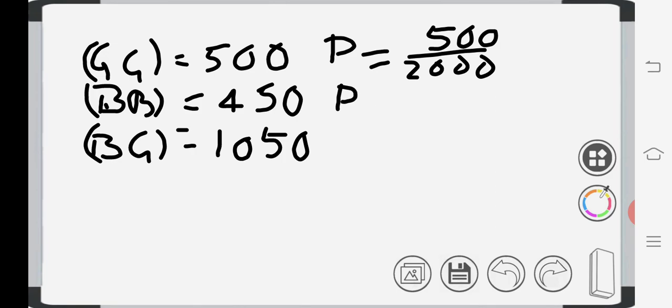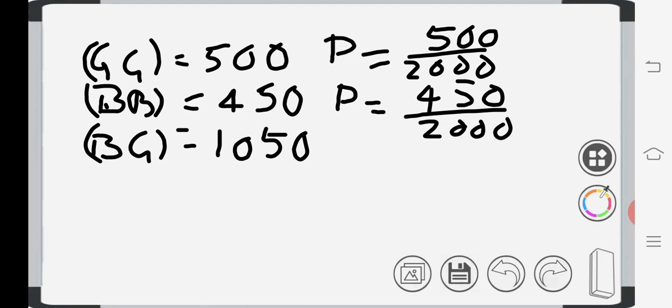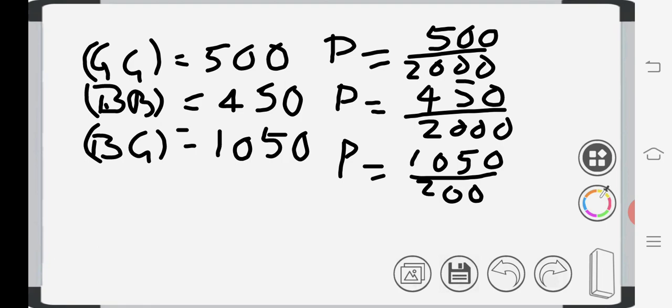That is P is equal to 450 divided by 2000. Then last, we have to find out probability of being one boy and one girl is equal to 1050 divided by 2000.